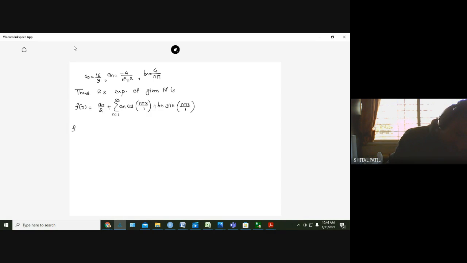So here our answer is f of x equals 16 by 3 divided by 2, so it is 8 by 3. Hope this is clear.